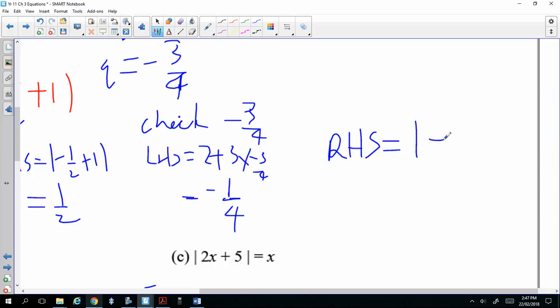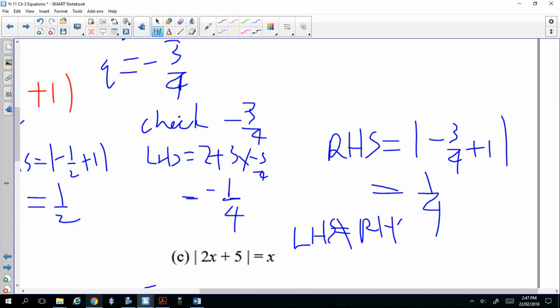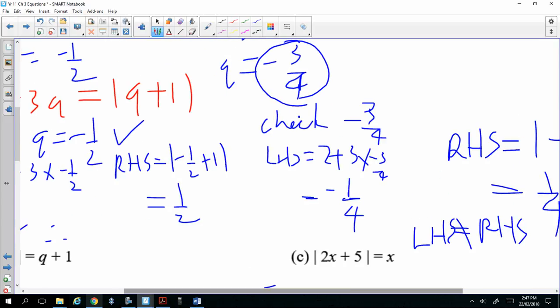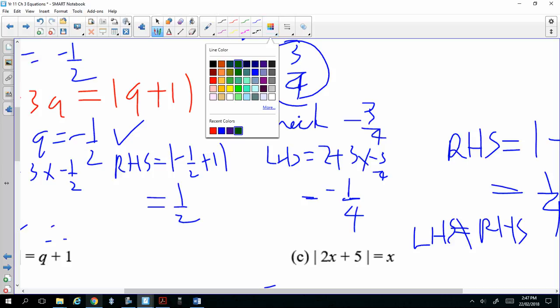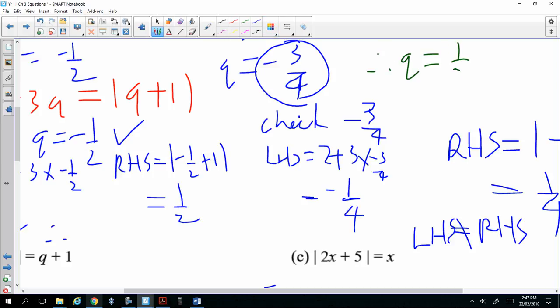That will be a positive quarter. So they're not the same, isn't it? So therefore we have to eliminate this solution. So your final answer will be q equal to negative half only. That's your only answer. So we have to reject the other one.